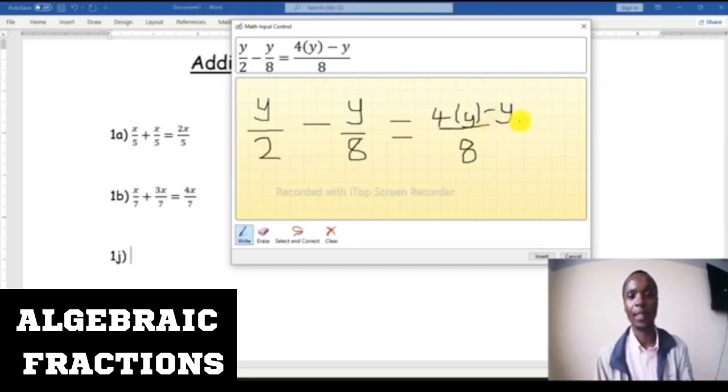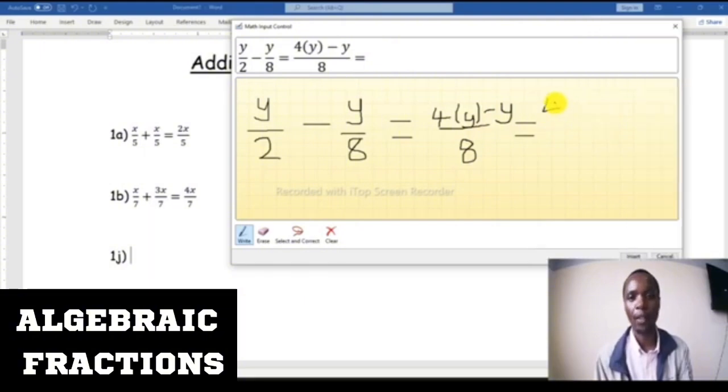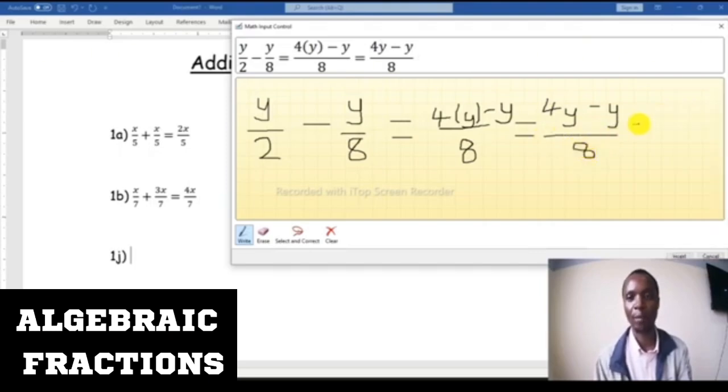So it is the same as saying 4y minus y, which we should have done simply in the first step, but I wanted to put it that way. Then 4y minus 1y equals 3y, and the denominator remains 8.